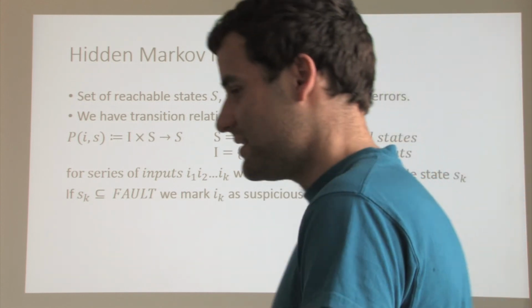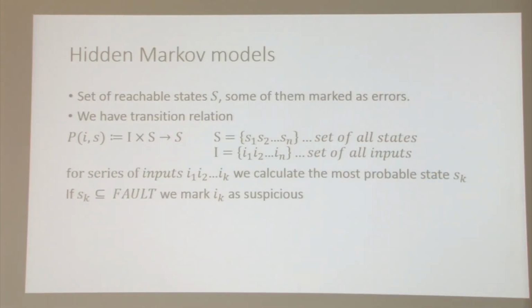So, hidden Markov models, you all probably know them. They are very similar to the Bayesian network we had here, because they lead to dynamic Bayesian networks. So we have some set of states where some of them are marked as errors, and we have a transition function which defines the probabilities with which we will transition from each state to another.